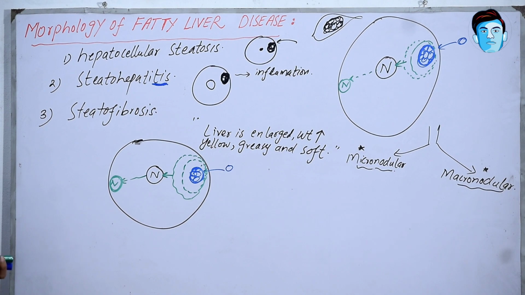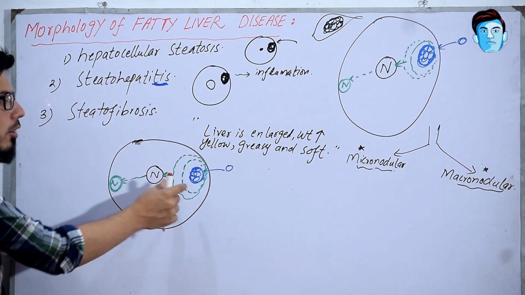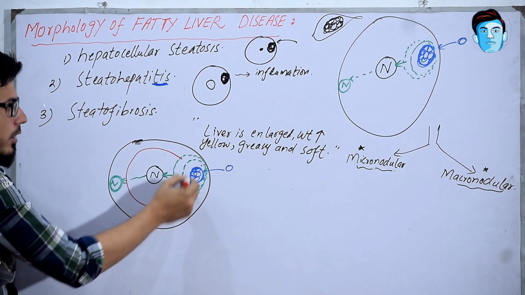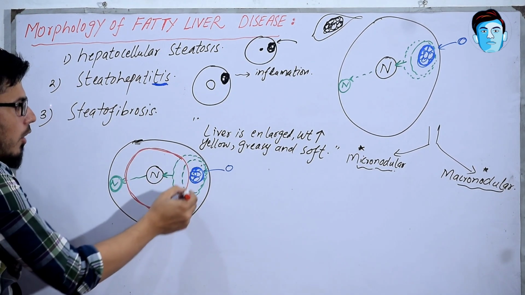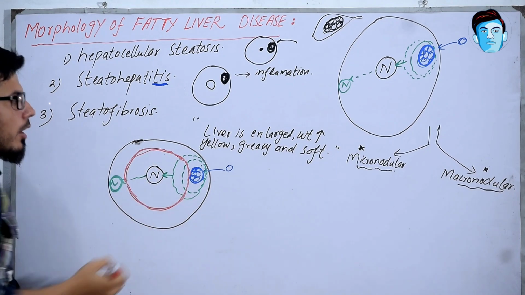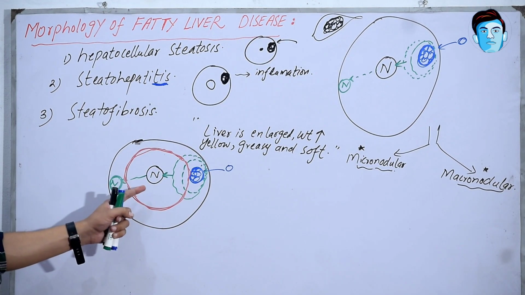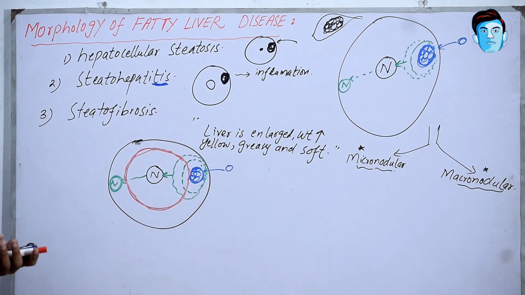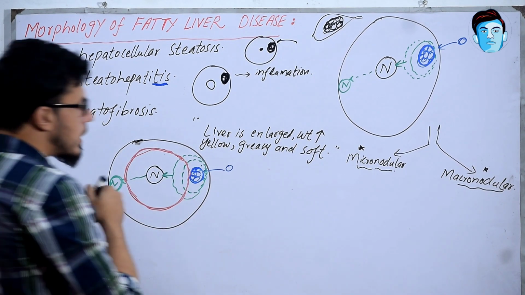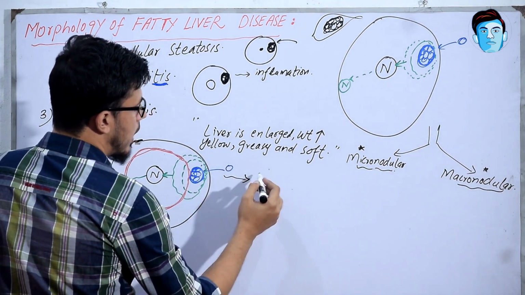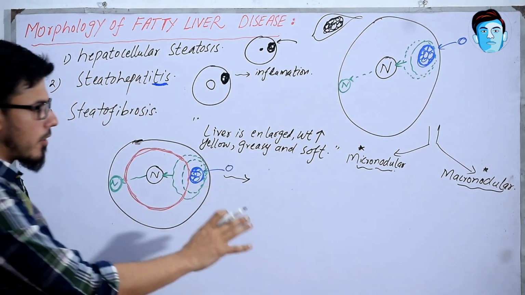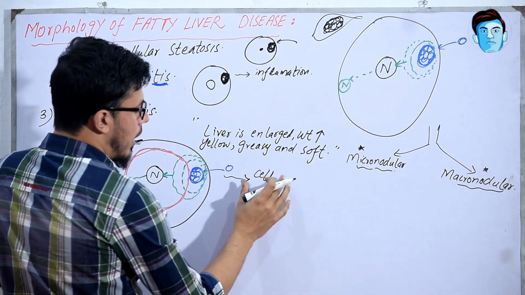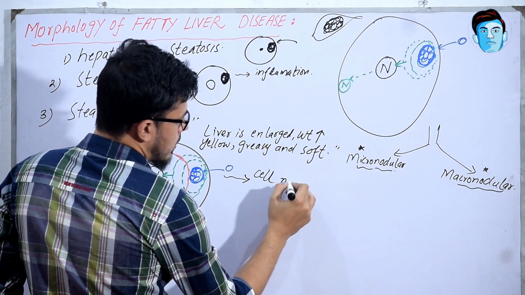A stage will come when this fatty globule enlarges so much that it covers the largest surface of the hepatocyte. It means the hepatocyte is now unable to perform its normal function, so the cell leads to death. There is death of the cell, or we can say cell necrosis.